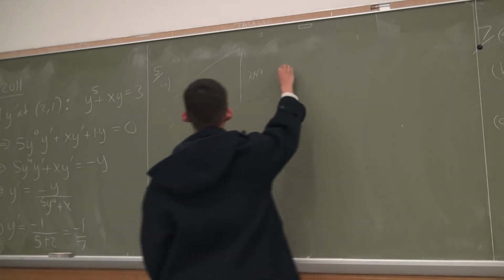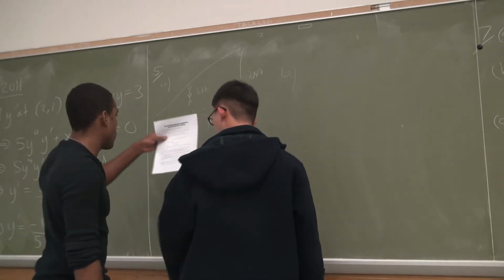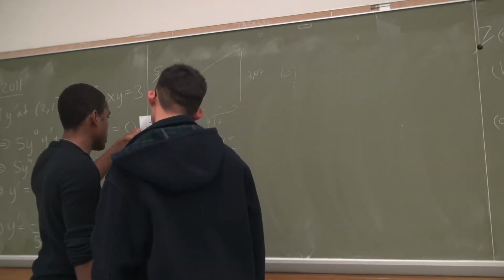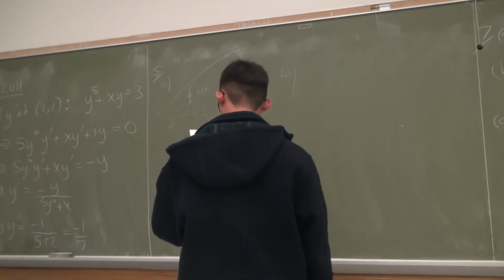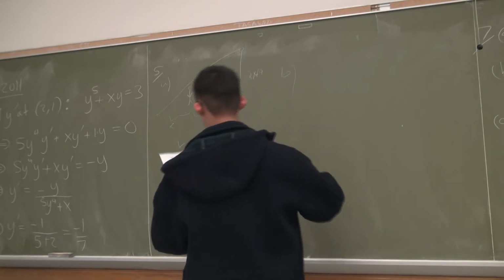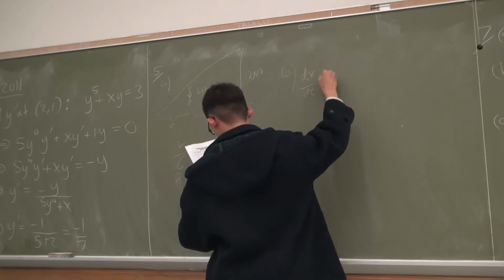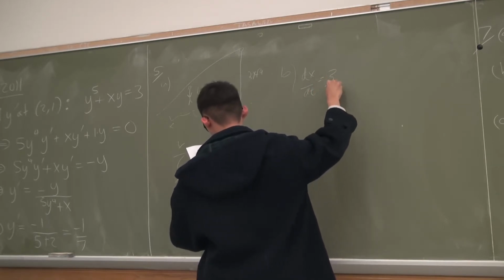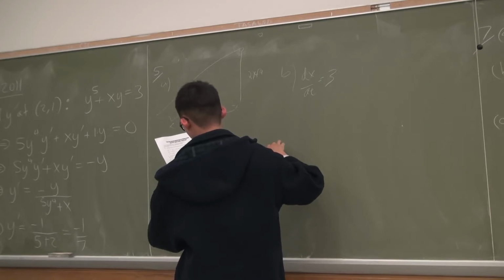And B is asking, if the shadow is lengthening at the rate of 3 feet per second, what rate is the person walking? All right, calm down, you need to think.